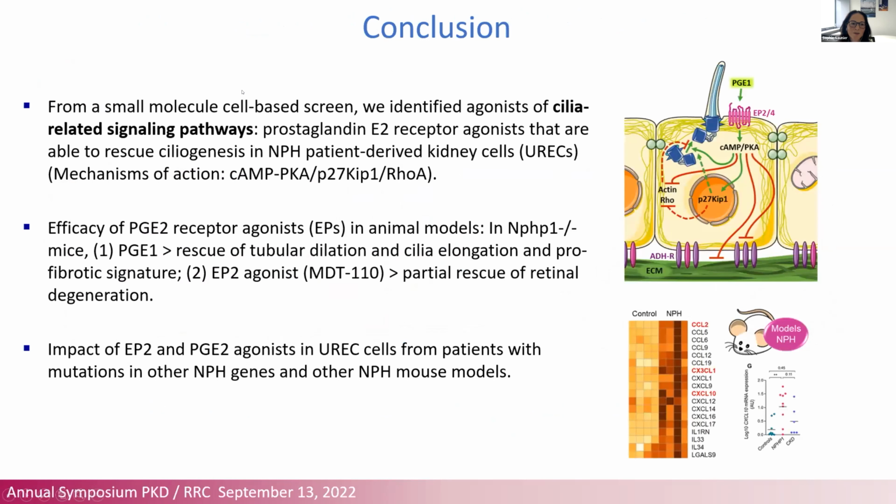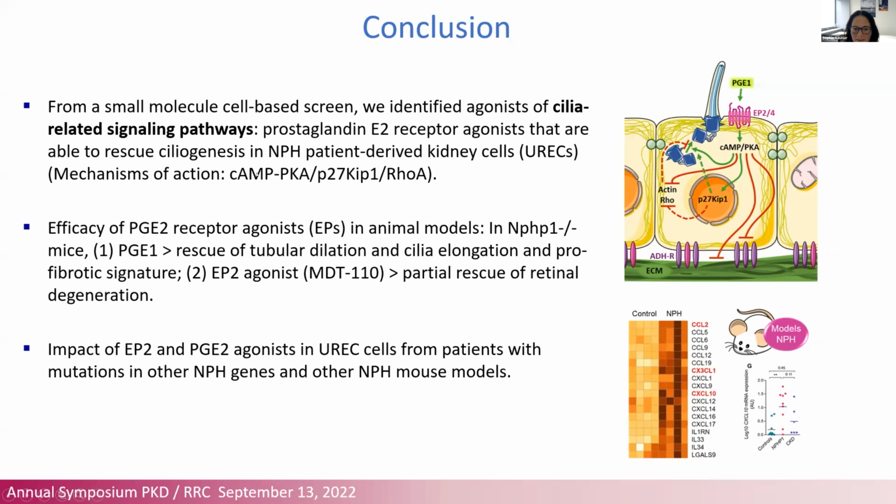From the small molecule cell-based screen, we identified agonists of cilia-related signaling pathways, namely prostaglandin E2 receptor agonists that were able to rescue ciliogenesis in NPH patient-derived kidney cells.